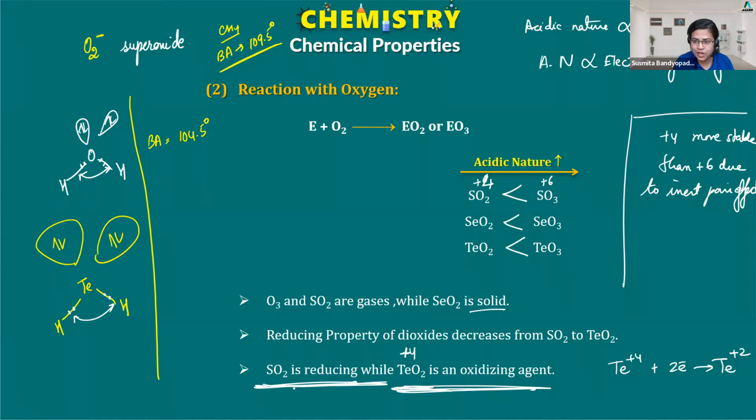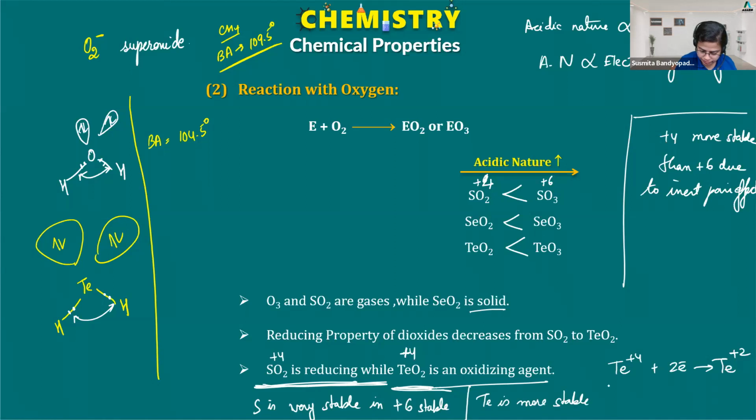SO2 is reducing in nature. Do you know why? It is +4 here. If it can jump to the +6 state, sulfur in the +6 state is very, very stable. Tellurium is more stable in the +2 state than +4, out of +6 and +4.